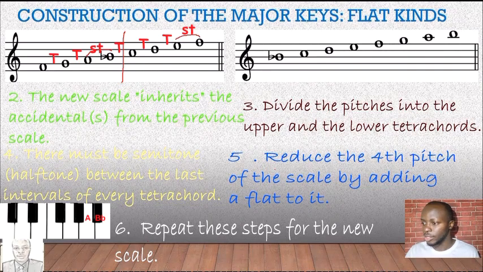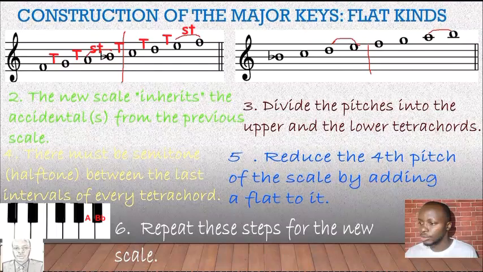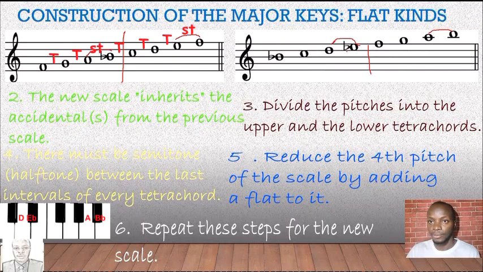So when you divide the scale into two tetrachords, we have a semitone here and a semitone here. Remember, like I said, the anomalies are usually between the 3rd and the 4th note, and between the 4th note and the 5th note, so you add a flat sign to E. And of course, at the octave, we also have a flat note, so that we have the arrangement of tone, tone, semitone, tone, tone, tone, semitone.